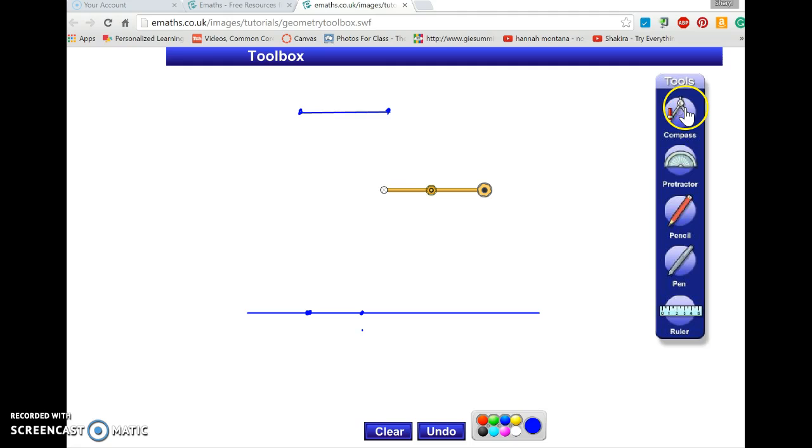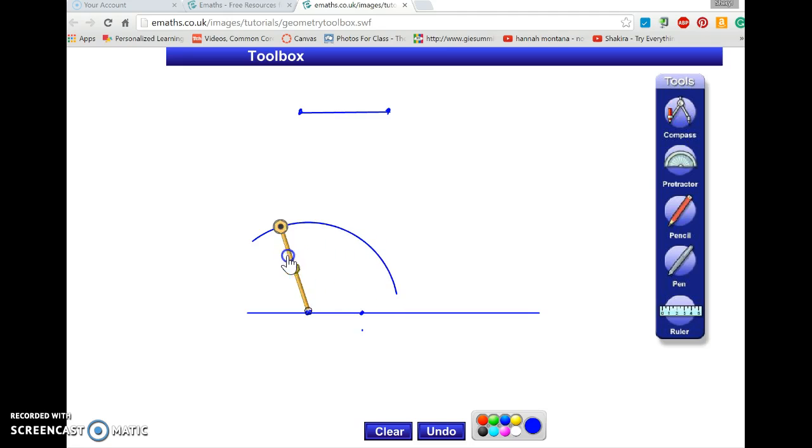So what I do is I take my compass and I measure the length of my segment, and then I take my compass and I go down to my 2 points, go to this one here, and make myself an arc.